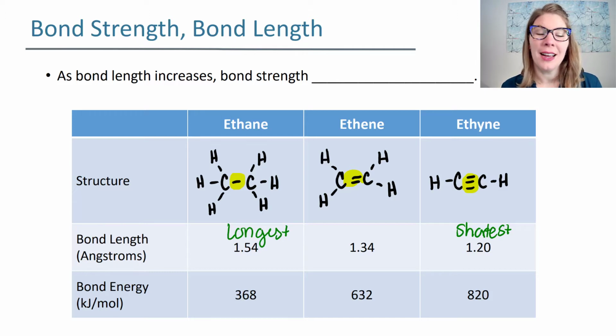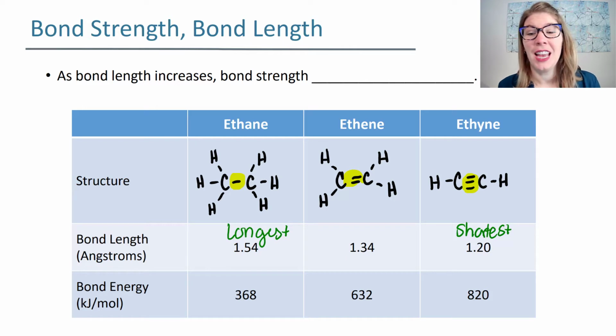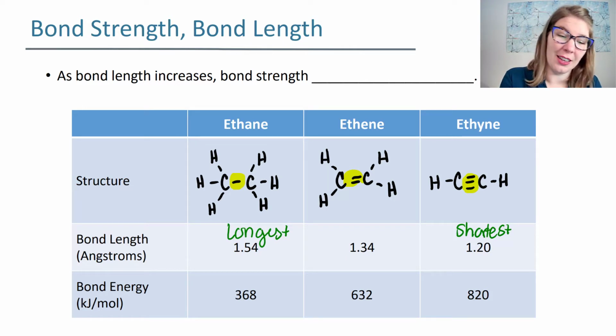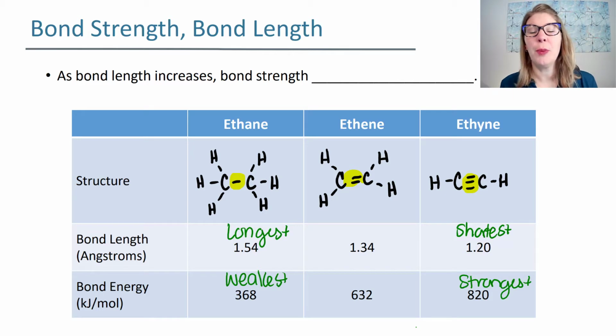If we look at bond energy, ethane is the easiest bond to break. That carbon-carbon bond is the weakest bond energy, and ethine is the strongest. So this one is weakest, and this is strongest. Triple bonds are shorter and stronger than single bonds.